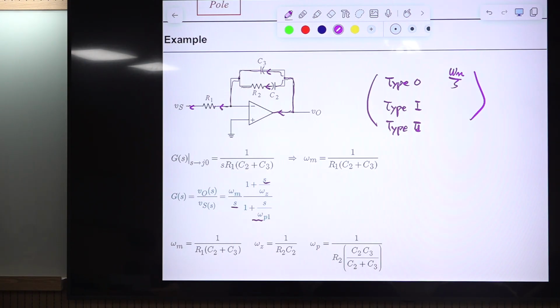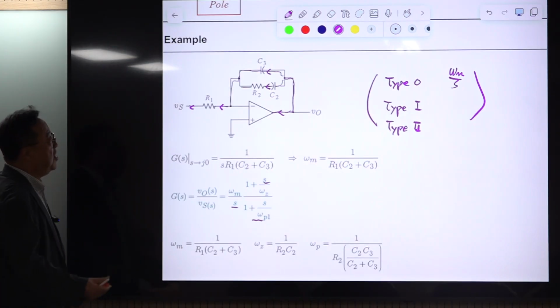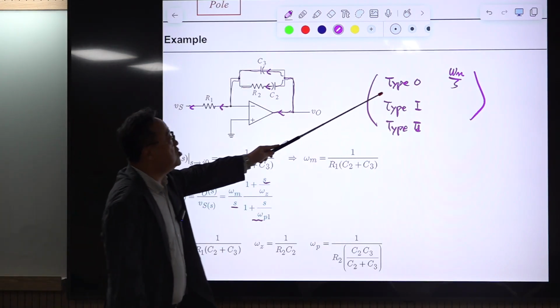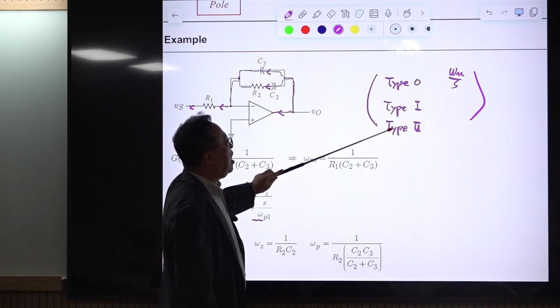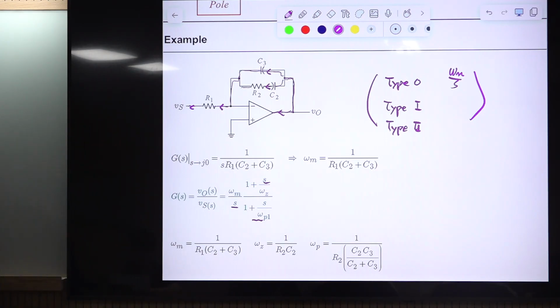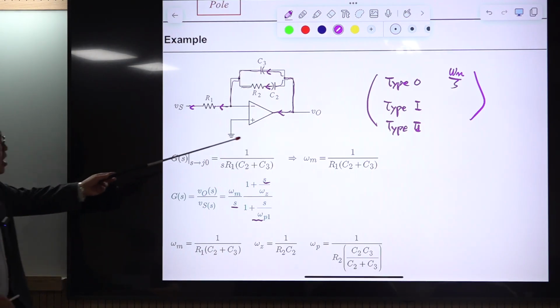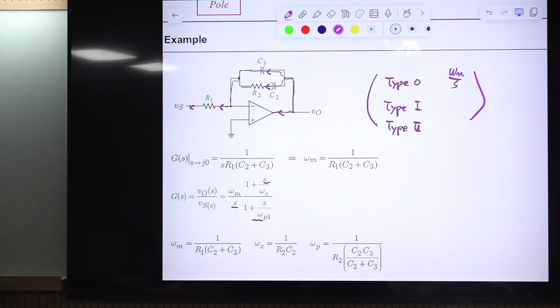So they are using this terminology. It is a very strange name, referring to the number of zeros. Number of zeros is 0 here, number of zeros is 1, number of zeros is 2. Maybe type 3 has three zeros and three or more poles. Very stupid name, but you should know they use type 1, type 2. Some people use type 0.